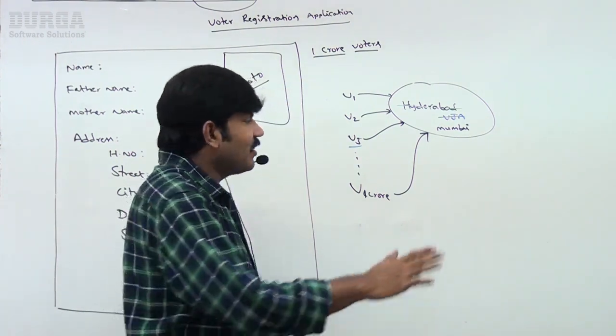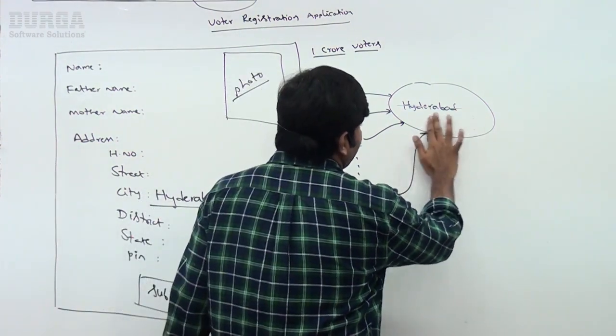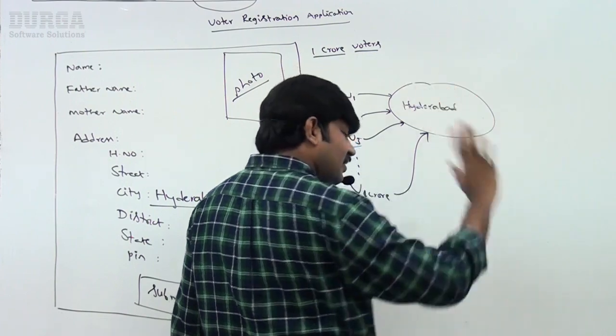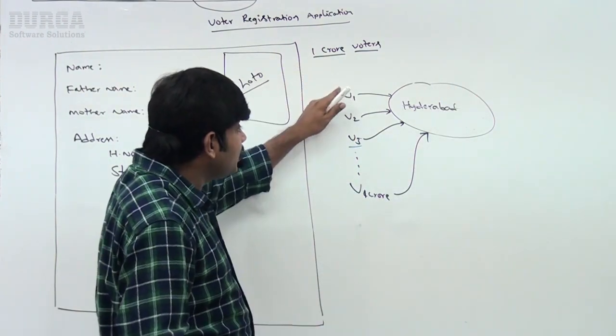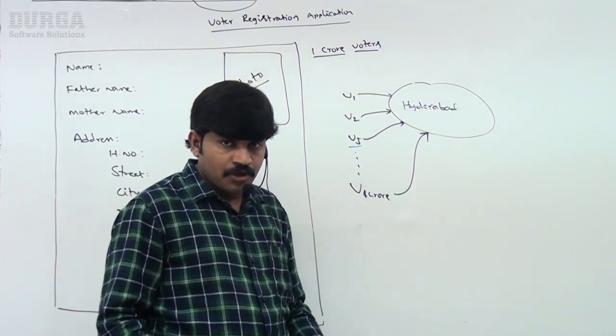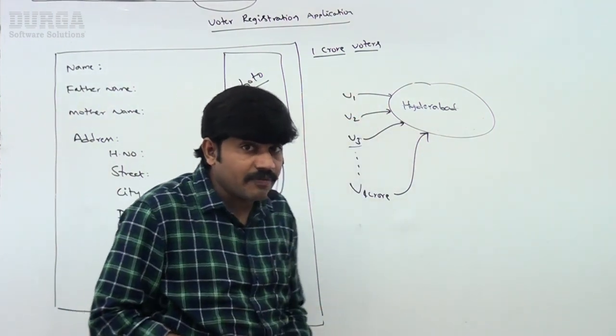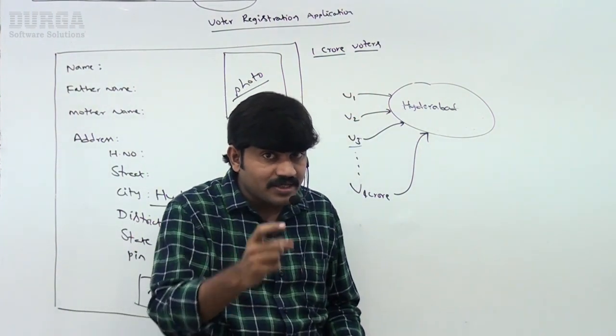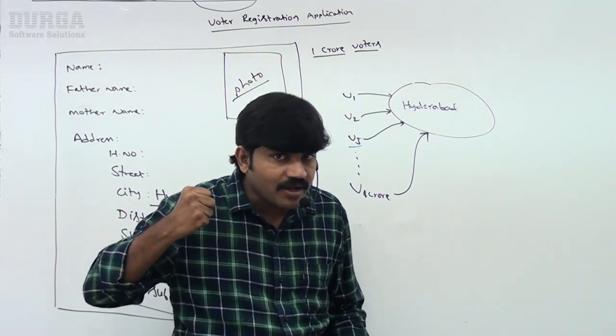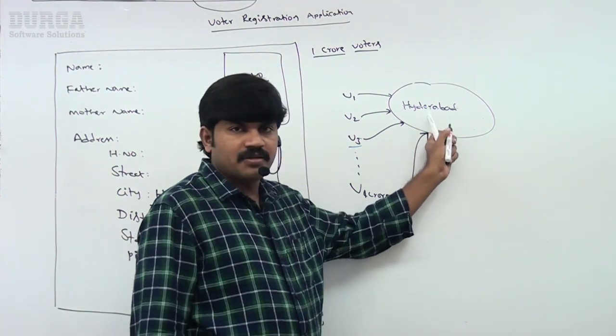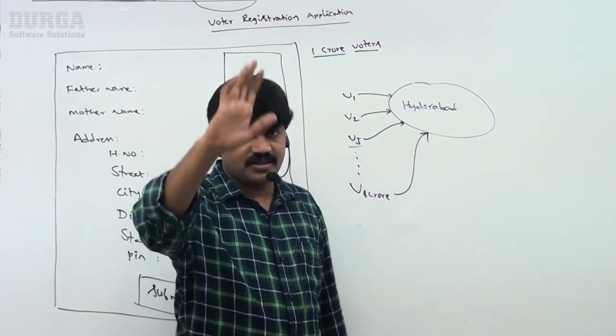So in Python, this is not going to happen. Hyderabad is always fixed, because multiple references use the same object. Observe carefully: once we create a string object, we can't perform any changes in that object. The content is always final.